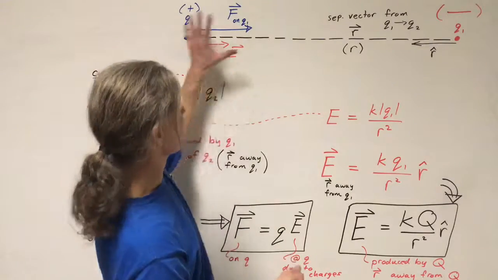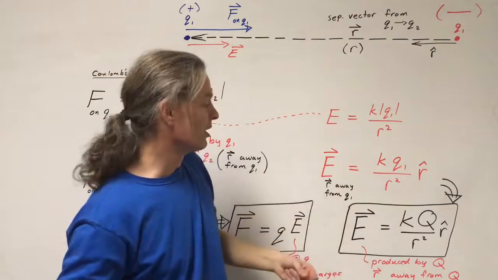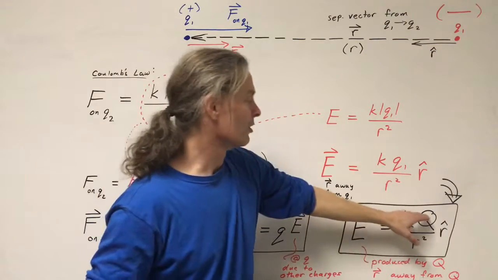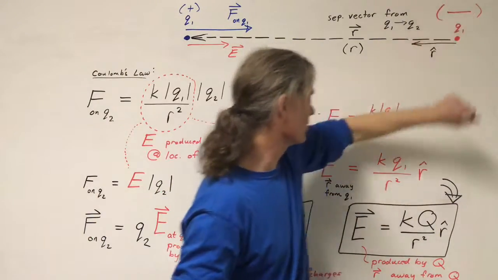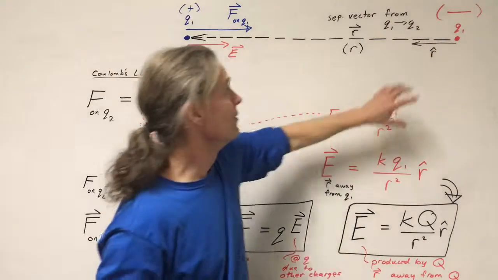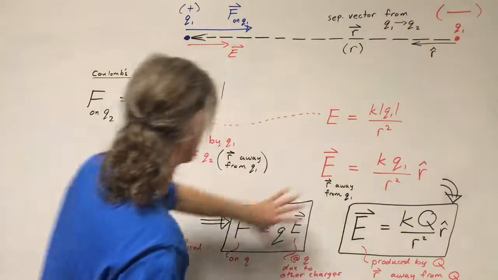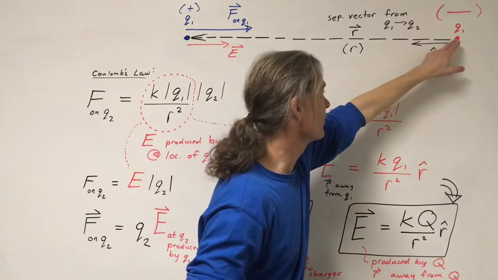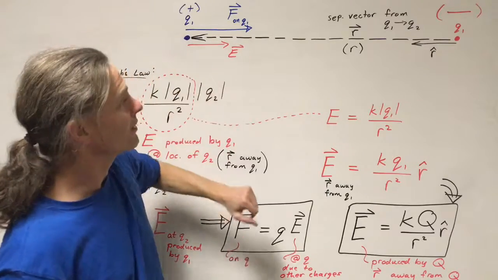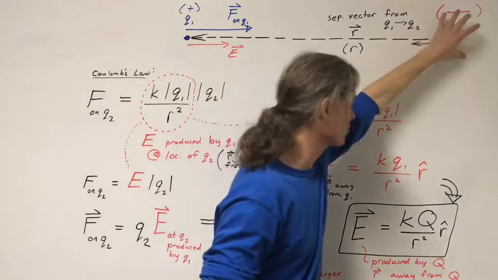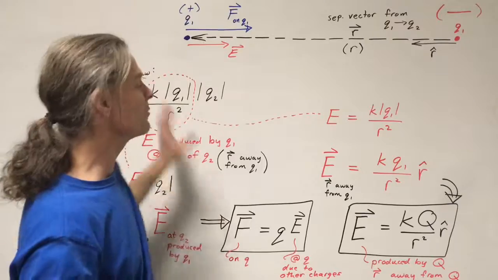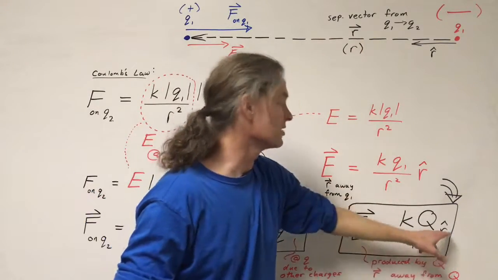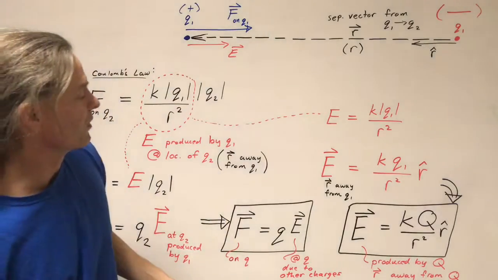We can imagine, for example, in this scenario right here, putting it all together, here we have charge 1. That takes the role of capital Q in this expression. We can find the electric field that this charge produces anywhere, including right here. So if we draw a separation vector from here to here, we can find the electric field that this charge produces right here or anywhere else using this equation just by putting in the appropriate separation vector and hence the appropriate unit separation vector.